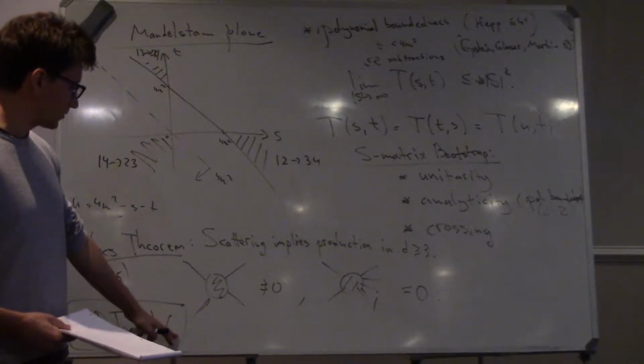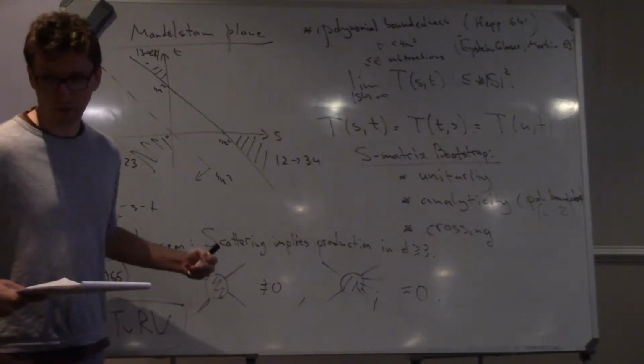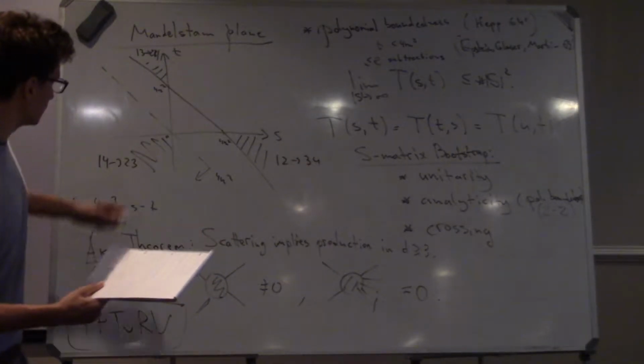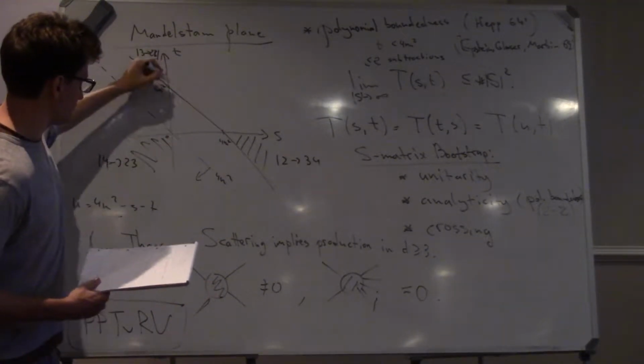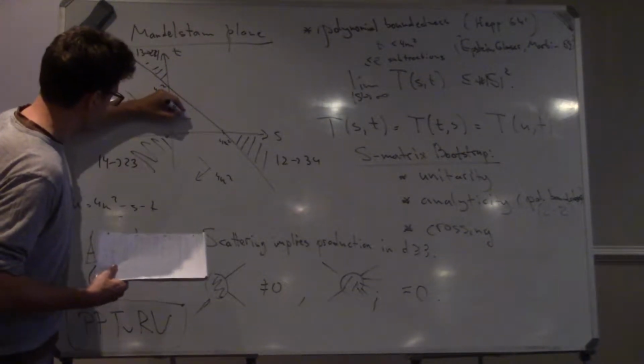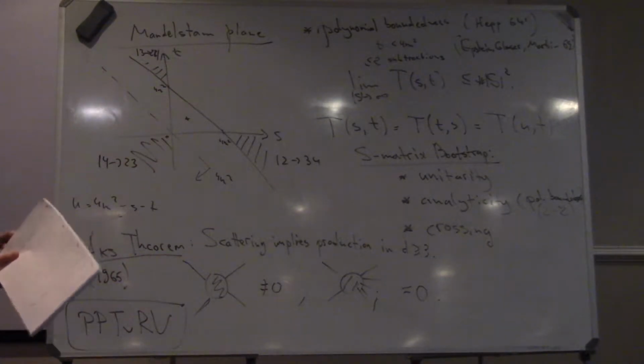So what these guys try to do is maximize the strength of the interaction. You look at the amplitude, and this triangle is known as the Mandelstam triangle. You look at the amplitude here and you try to maximize it.